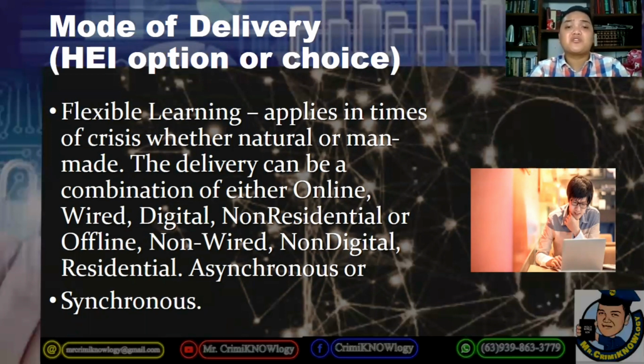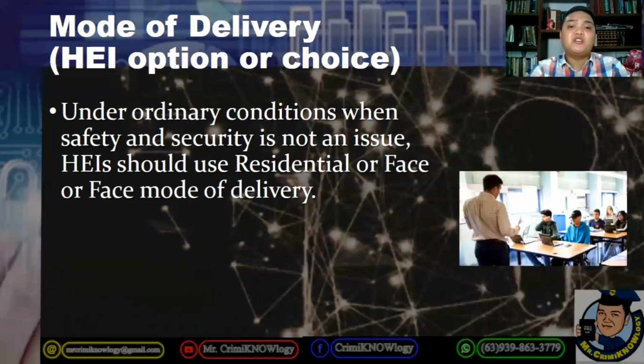Ideally, synchronous and asynchronous for this matter. And of course, under ordinary conditions, when safety and security is not an issue, HEIs should use residential or face-to-face mode of delivery. So far, that is the content of our subject matter or the course Industrial Security Concepts.